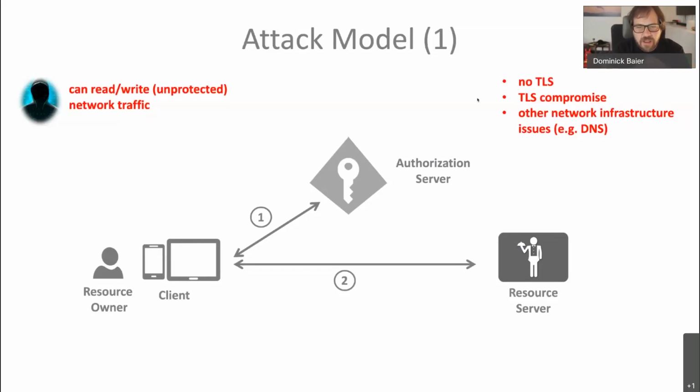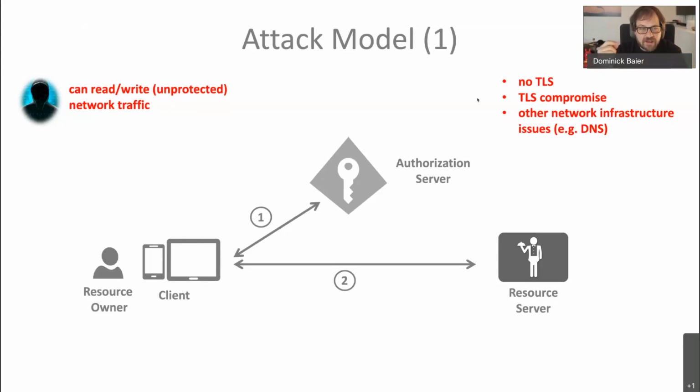Excuse me, but the first type of attack is basically, we say, when an attacker can read or write unprotected network traffic. And there's an easy fix for that, right? You have to use TLS for everything. The specs are not always clear, but it's pretty much a known thing that you have to use TLS for every single network interaction.